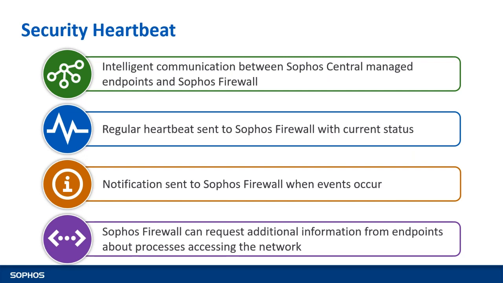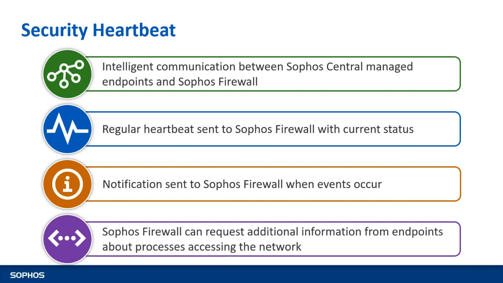The computer sends a regular small heartbeat to Sophos Firewall to identify itself and show that it is still active and protected. When an event such as malware detection occurs, information about the event is shared with the firewall.